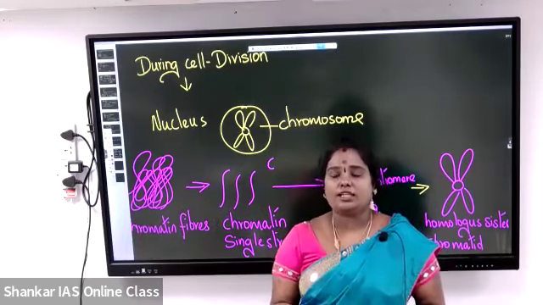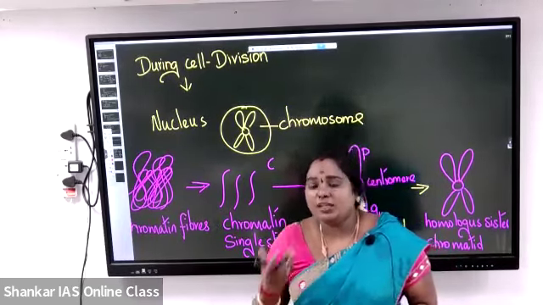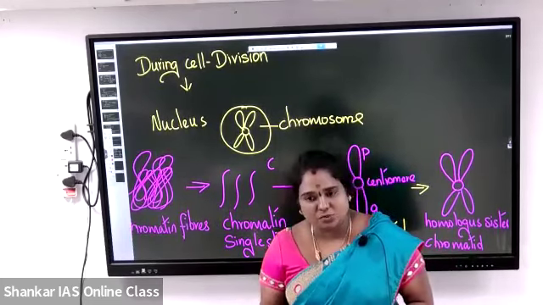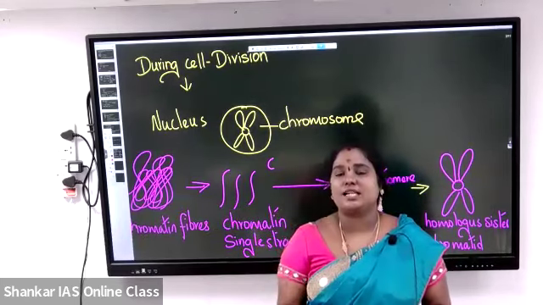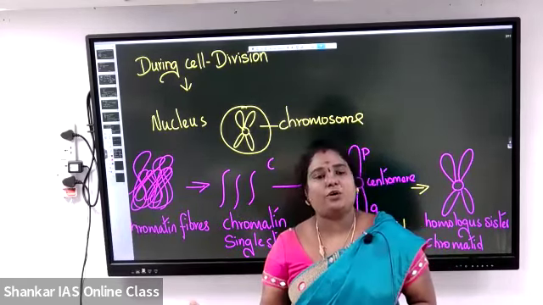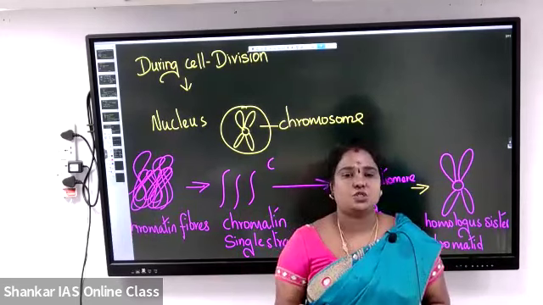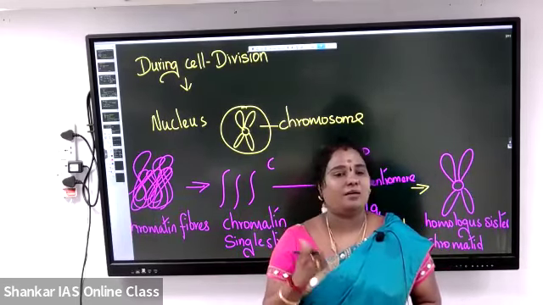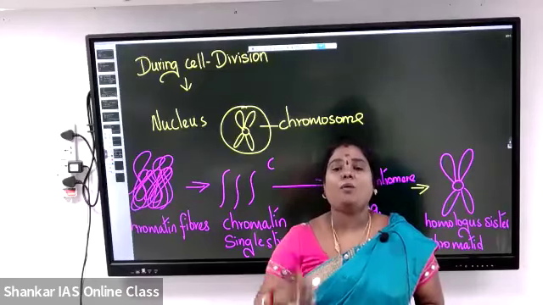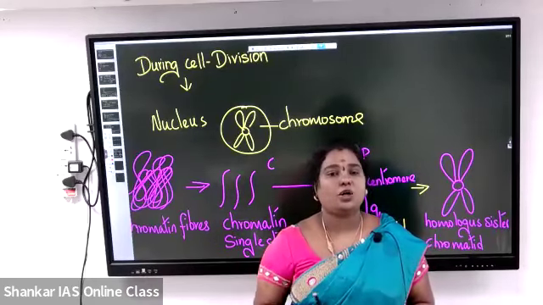We must know how it happens. When it is in a non-dividing cell, that is in the interphase period, it is in the form of chromatin reticulum. When they are going to undergo cell division, this chromatin reticulum morphologically changes to a structure called chromosomes. So this is the real idea, or the justification, of how a chromatin reticulum changes to a chromosome.